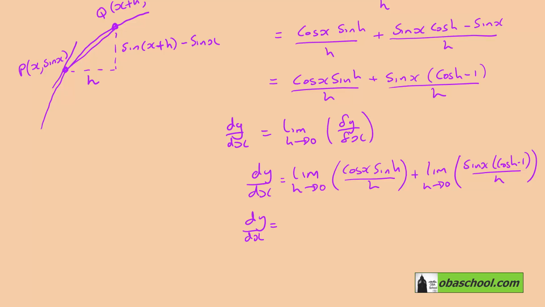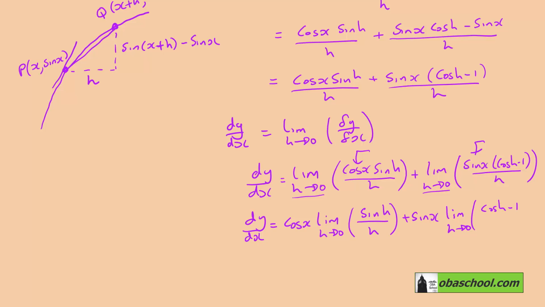Now, since this is h, the ones that have x can be taken in front. So we're going to have cos x times the limit as h tends to 0 of sine h over h, and then we'll have sine x times the limit as h tends to 0 of cos h take away 1 over h.